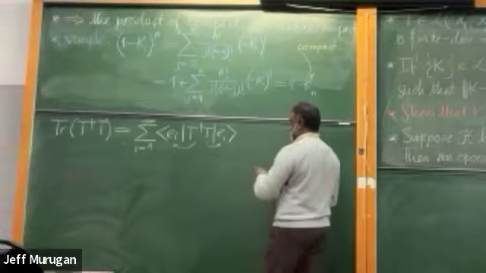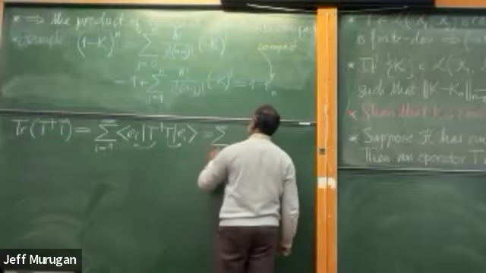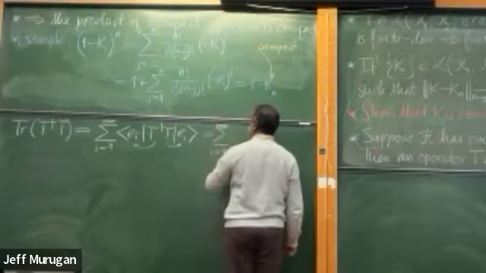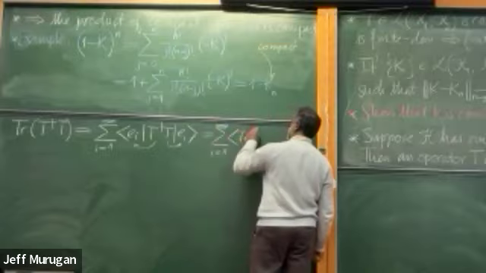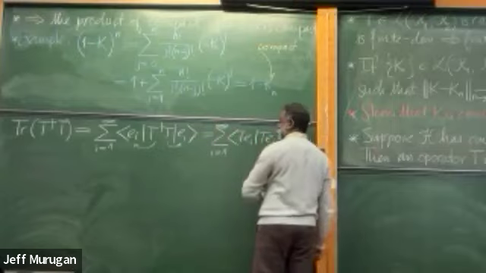T acts on this guy, and T dagger acts on this guy. So this is just the sum from i equals 1 to infinity of the inner product of T e_i with T e_i.